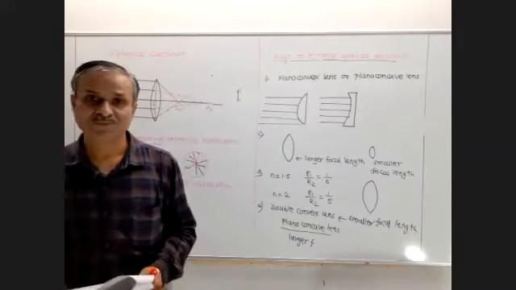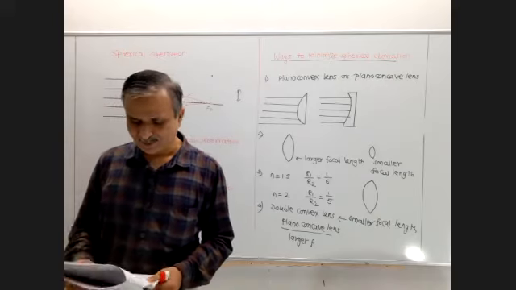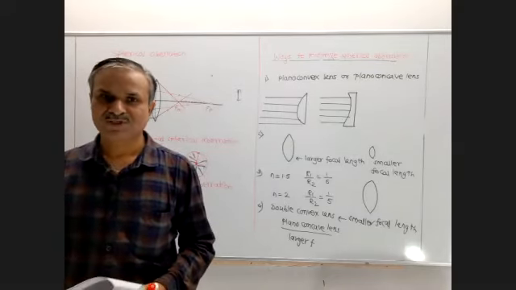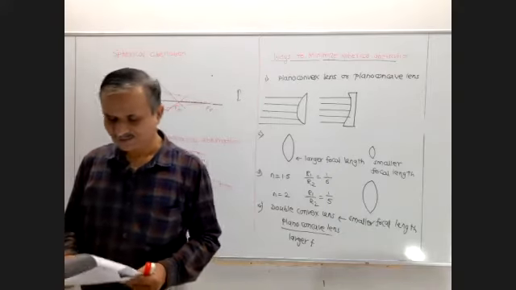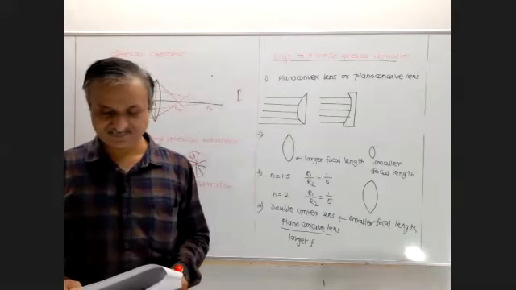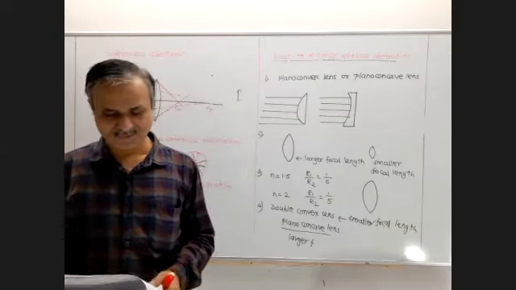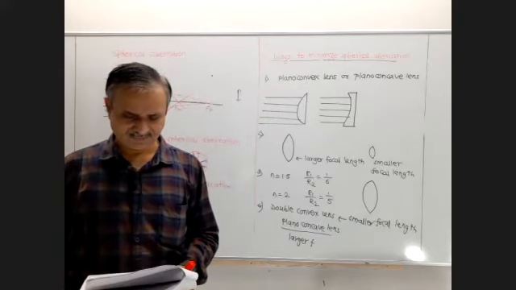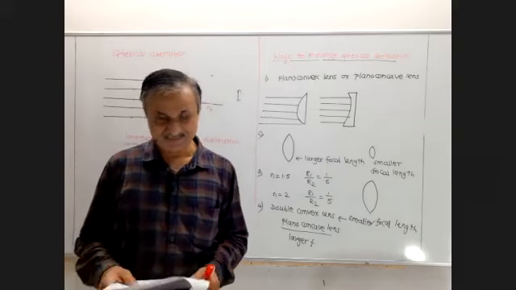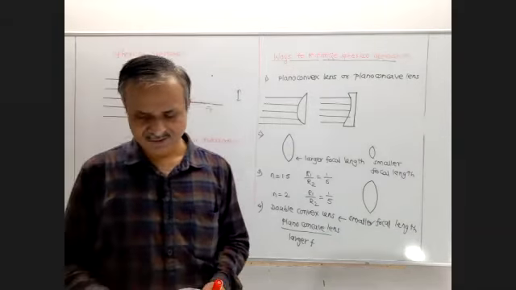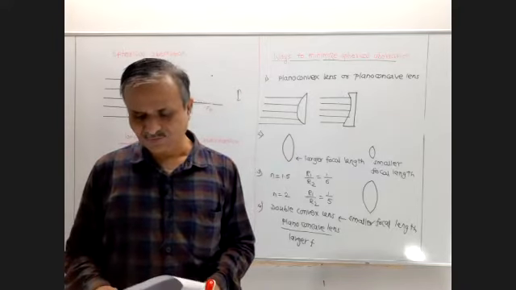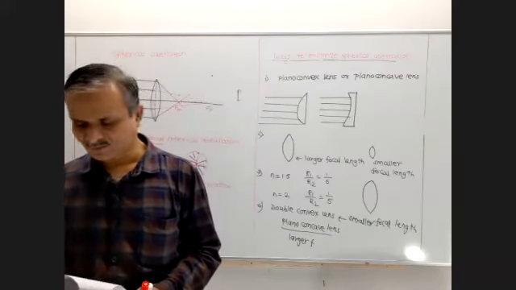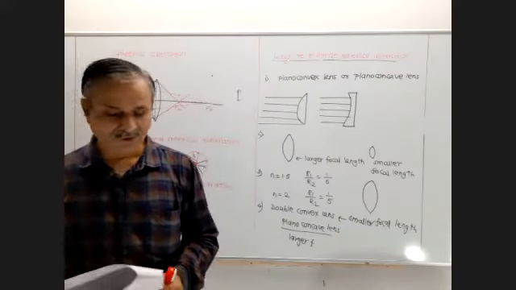First point, when a parallel beam of light is incident on a convex lens, rays incident near the edges of the lens focus at fm.